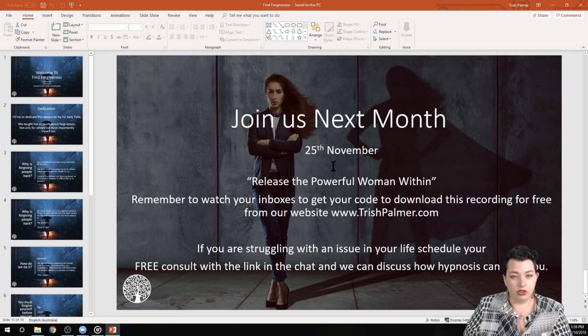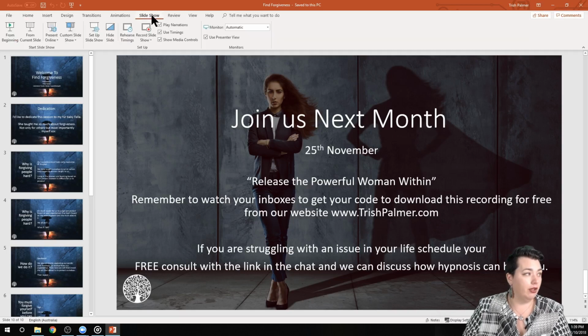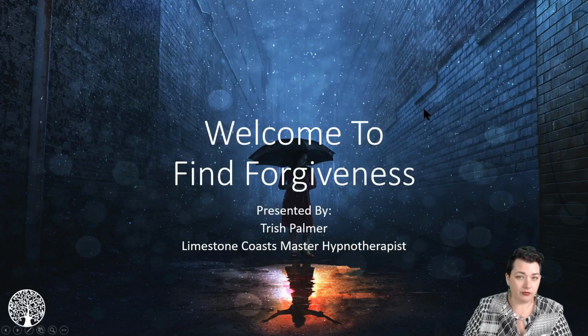When you want to show off the slides, before you start your Zoom session, load up your PowerPoint slide, then go to slideshow, then click on the left-hand side where it says from beginning. As soon as you click that, you're going to get a screen that looks like this, and this is what everybody is going to see.